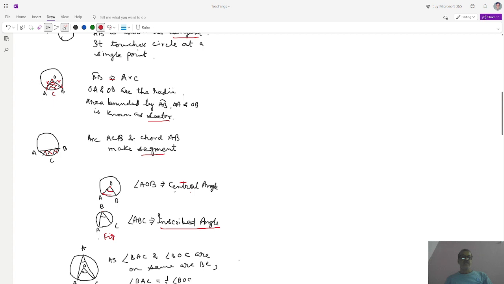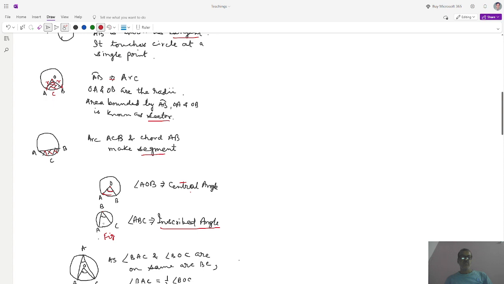So, what is a central angle? If a chord AB makes an angle at the center point O, then this angle is known as central angle. Here AOB is a central angle.